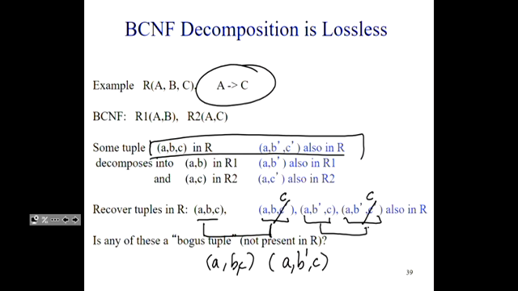Hopefully this gives you a little bit of intuition for why this BCNF decomposition is lossless, as opposed to other decompositions which might end up being lossy. Any questions about this intuition? Again, this is not a very formal argument. It is just meant to give you a sense for why bogus stuff doesn't get introduced for BCNF, while if you just break it up into two-attribute relations, you might get bogus stuff.